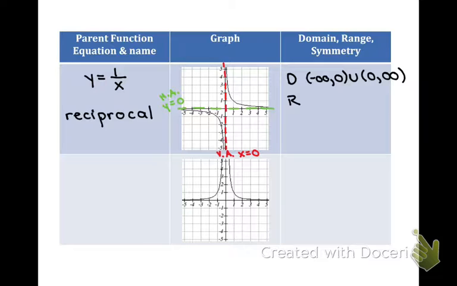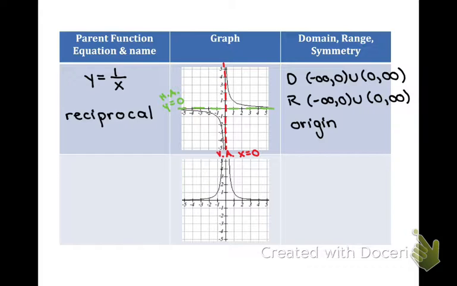So my range when I scan from bottom to top, I go from negative infinity to 0, pick up on that other side of 0, 0 to infinity. And those zeros get parentheses because we don't actually include the 0. We've got to skip over that 0 where those asymptotes are. And this one has symmetry to the origin. I snuck this one in as an example in part 1 as well. You just probably didn't know it was called the reciprocal function yet.